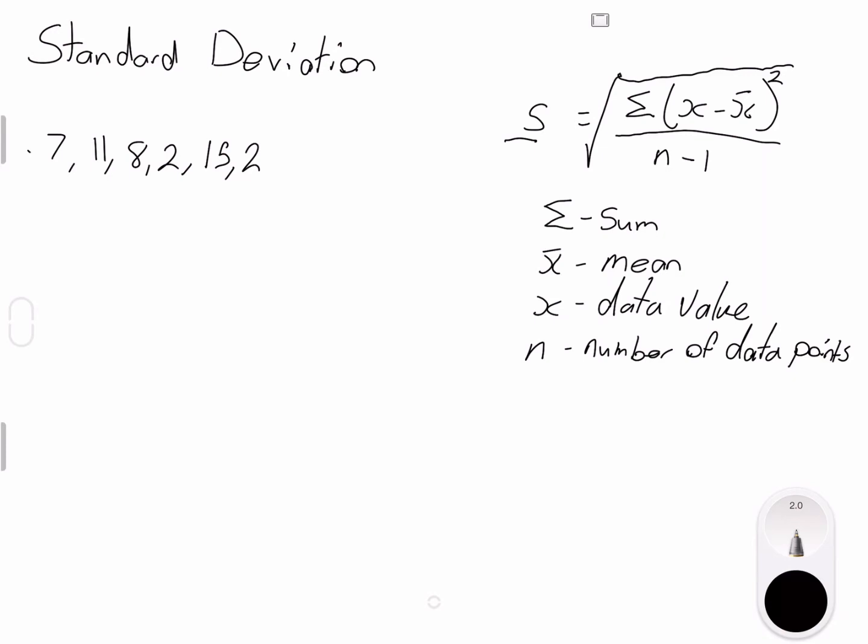X here is a value in our data set. N is the number of data points, so in this case we've got 6 of them, and minus 1.